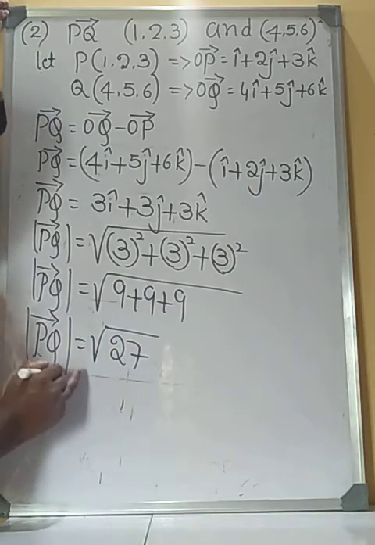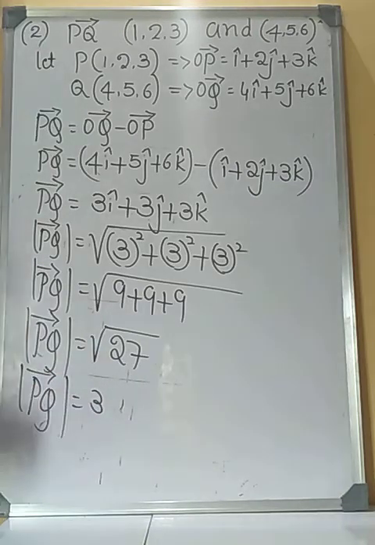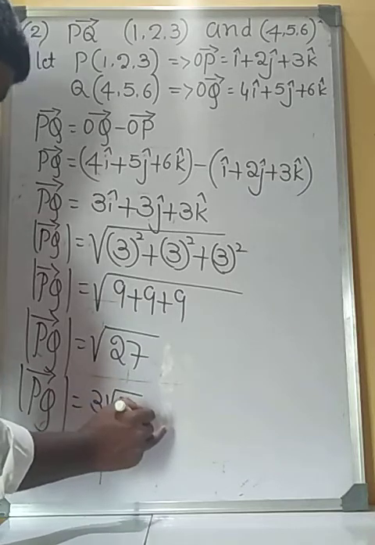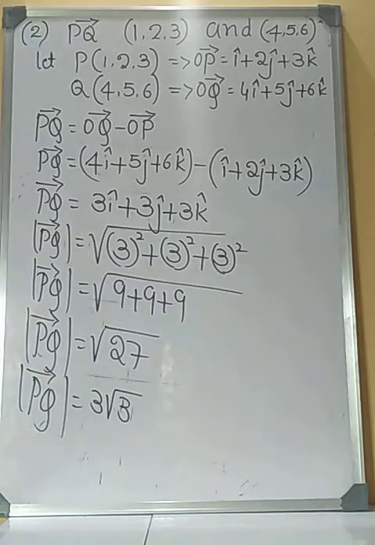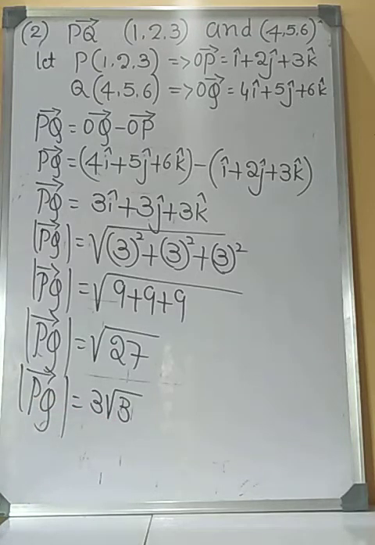Nine 3s are 27, root of 9 is 3, so 3 root 3. The magnitude of PQ vector is 3 root 3.